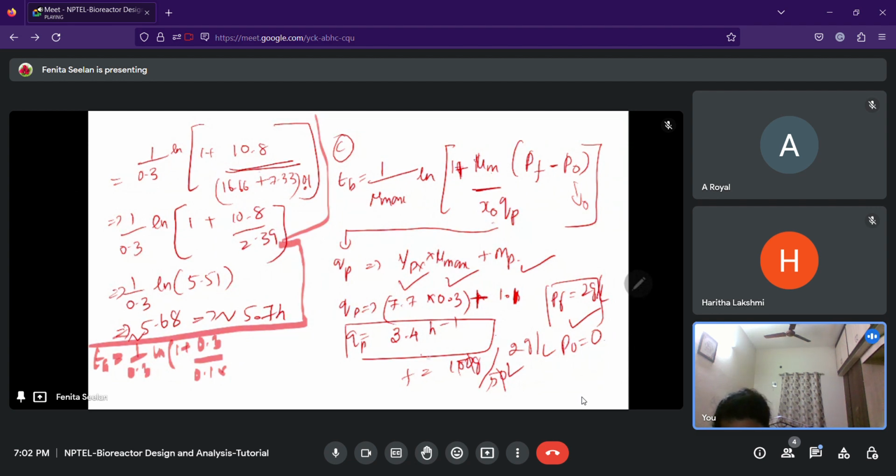It is 3.4, into 2 grams per liter. So now please substitute and answer.